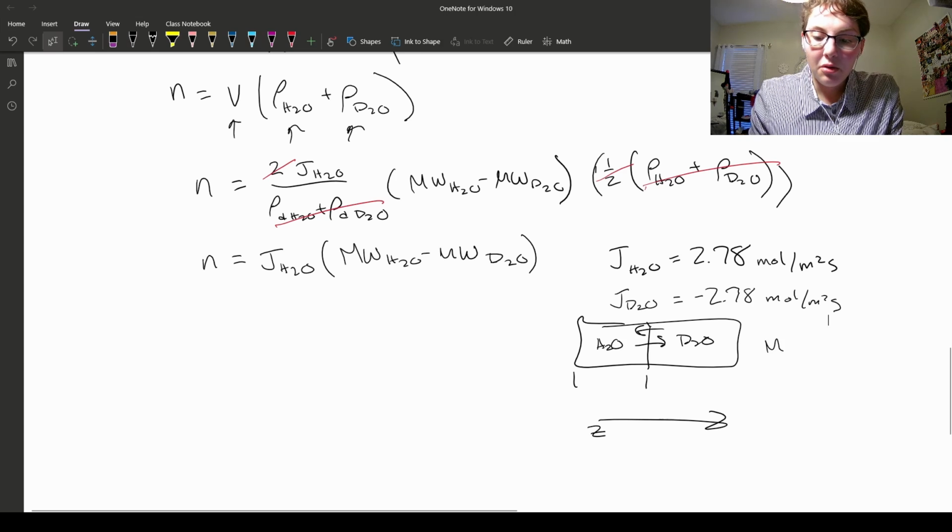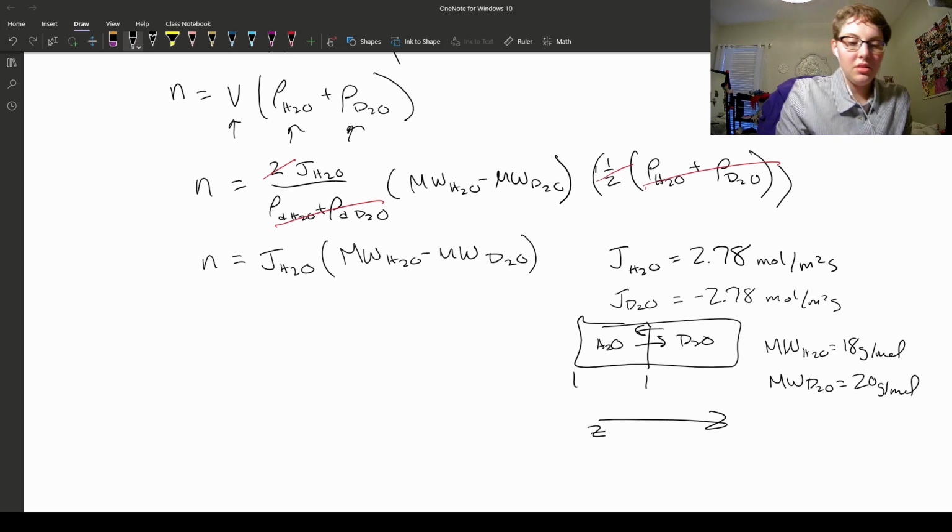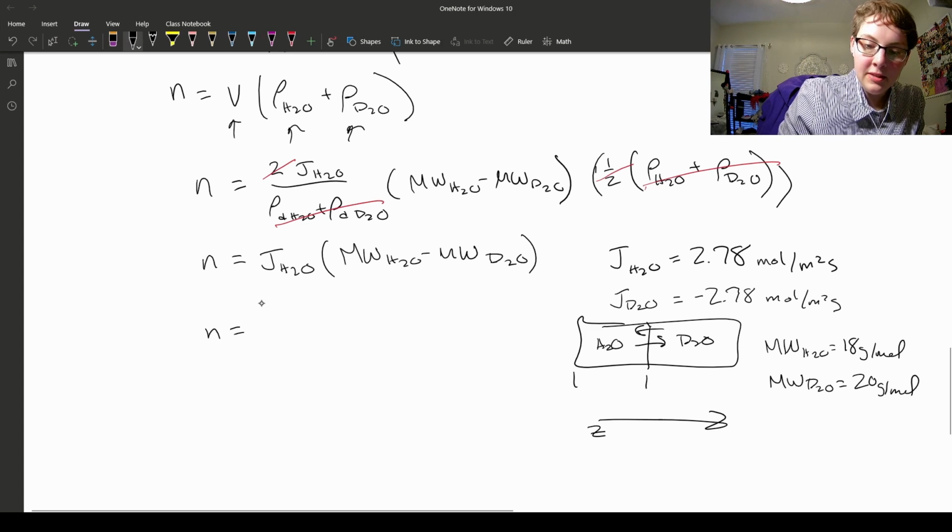And then we know that the molecular weight of H2O is 18 grams per mole, and the molecular weight of D2O is equal to 20 grams per mole. So let's go ahead and plug those numbers in.